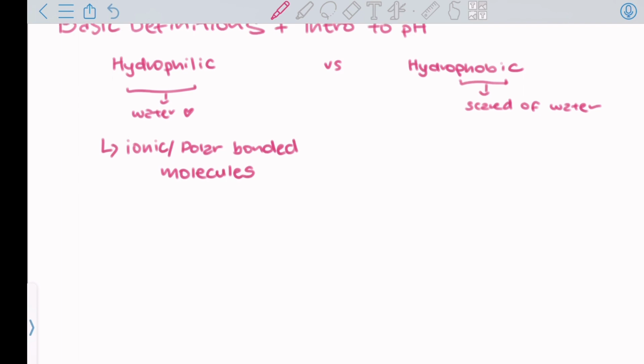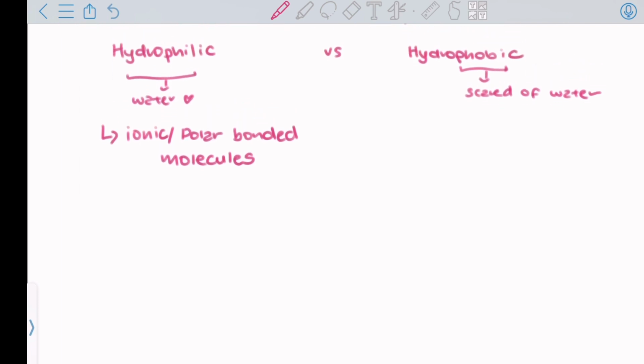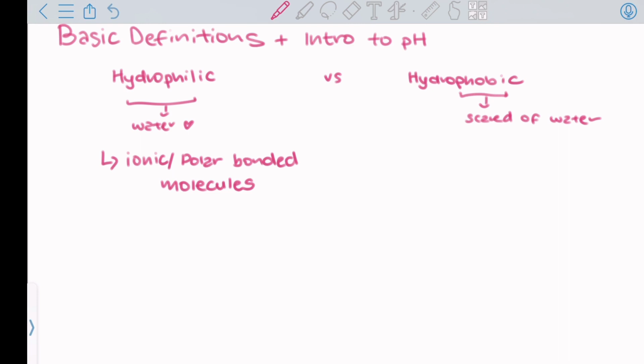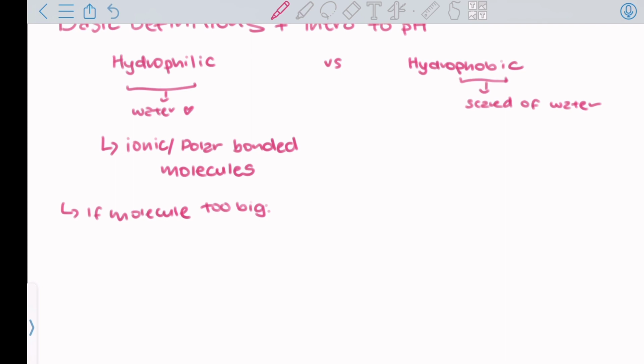Most of these are able to dissolve in water. However, when the molecules are too big, they don't dissolve. For example, cotton.